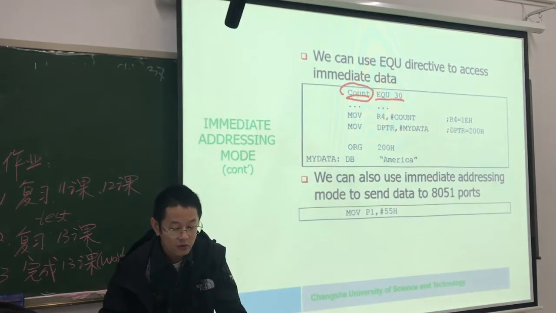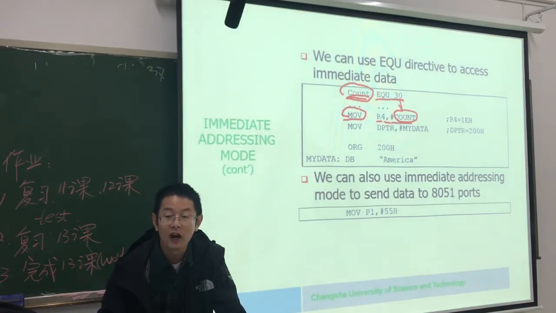So if you cannot understand the program, you can replace count with 30. MOV R4, #count. You can replace the count with 30.